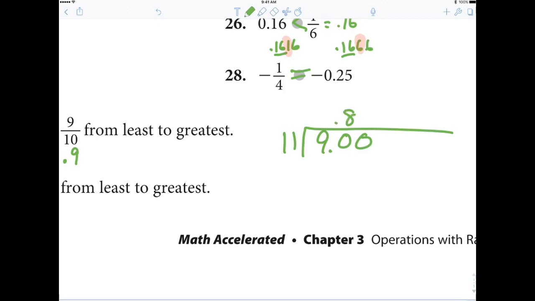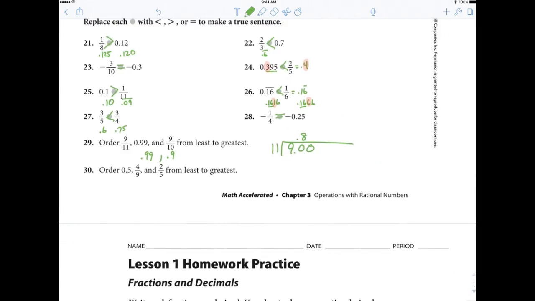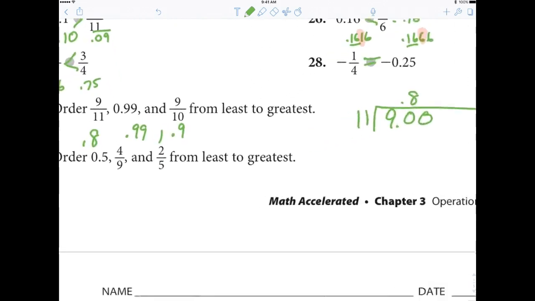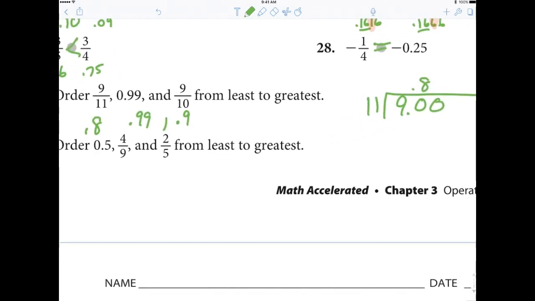So do I have to go any further? No, I don't have to go any further because I'm comparing 0.8 to 0.99 and 0.9. So which one is the smallest? 0.8. Which would be the fraction what, though? 9/11ths. So everybody writes 9/11ths. Then what? Then 9/10ths. And then what? 0.99. All right, is everybody happy with that?